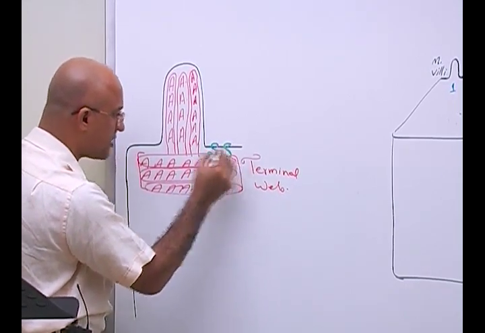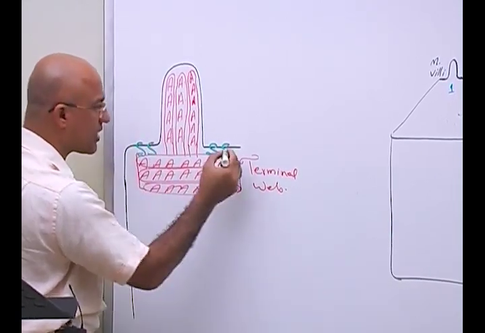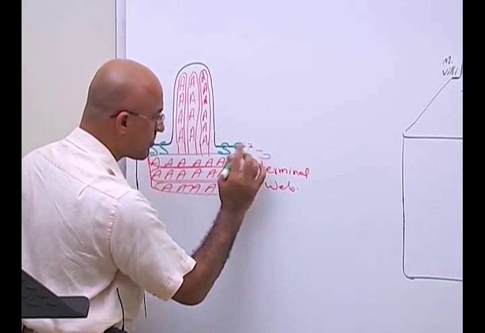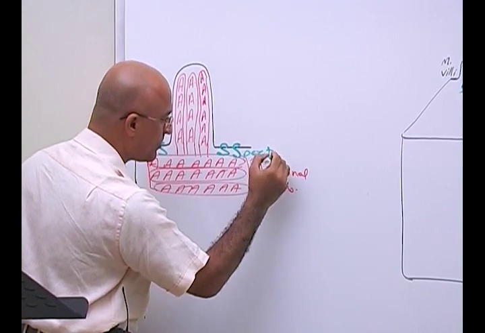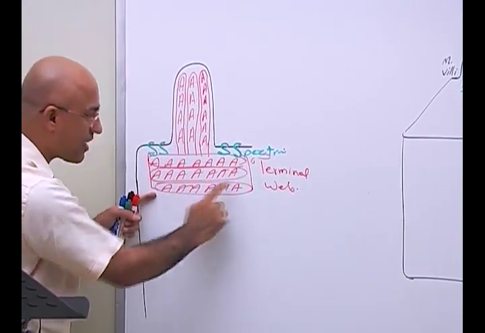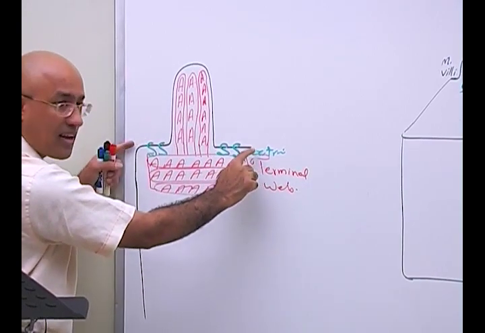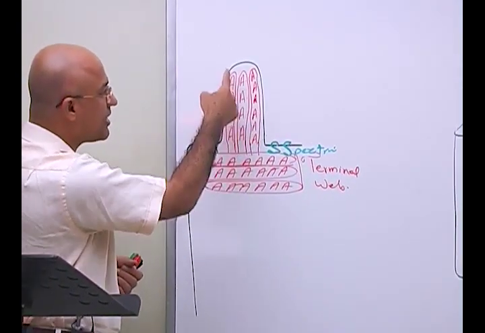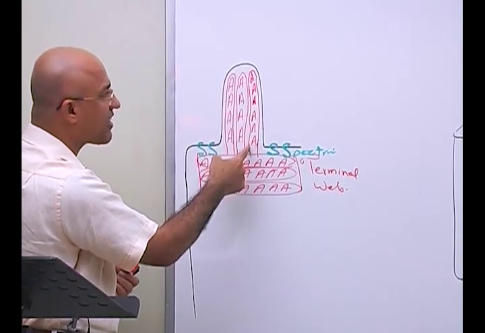And what are these proteins? Spectrins. So spectrins are the proteins which hold the terminal web with the plasma membrane.